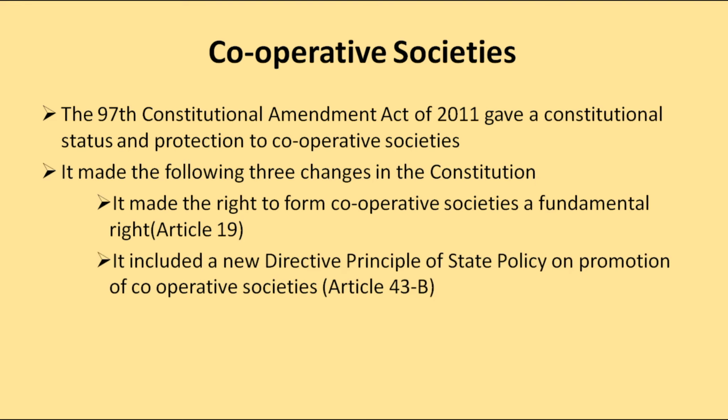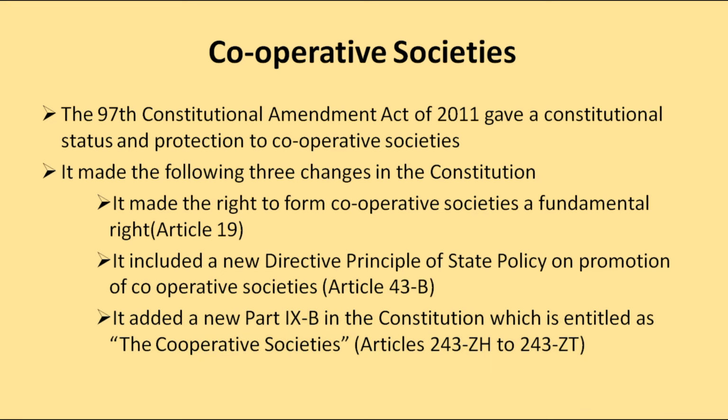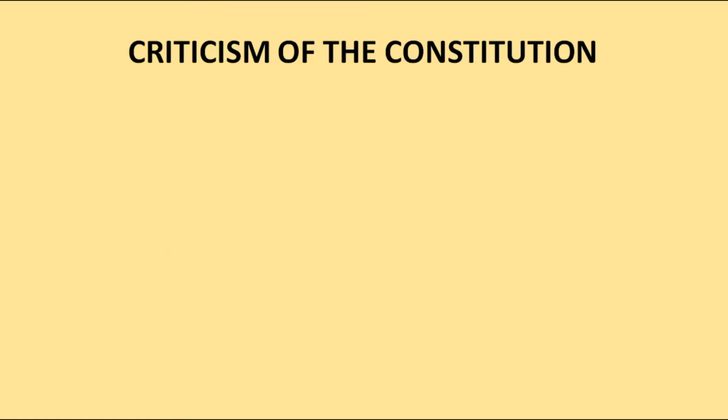Then it included a new DPSP on promotion of cooperative societies under Article 43B. Then it added a new Part 9B in the Constitution, which is entitled the cooperative societies. It includes Articles 243ZH to 243ZT.